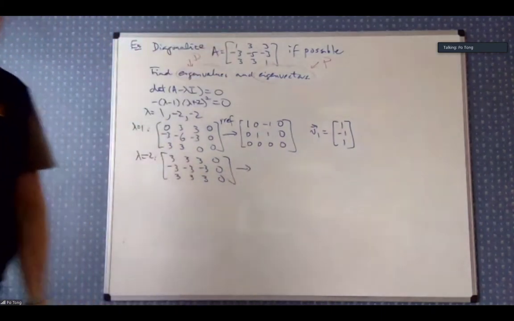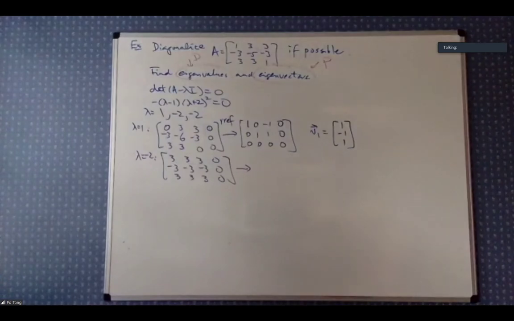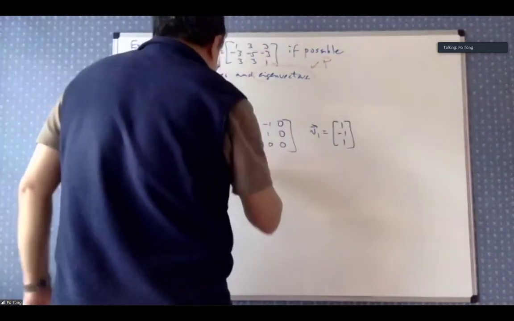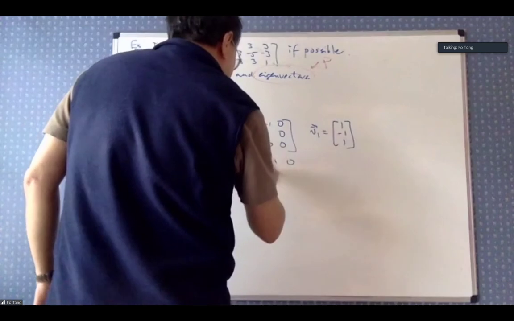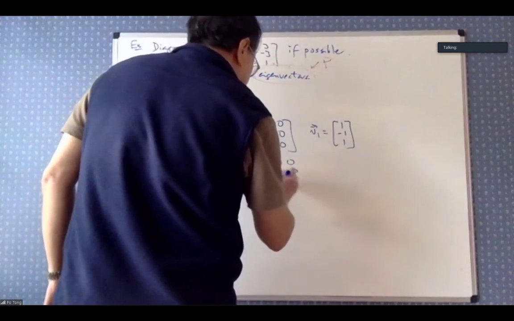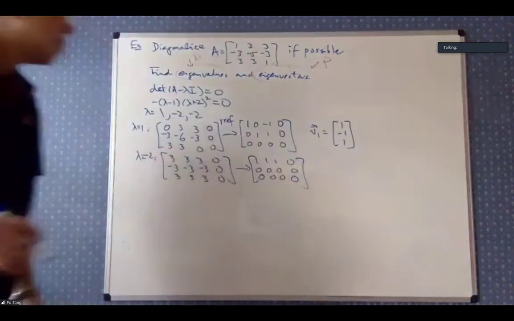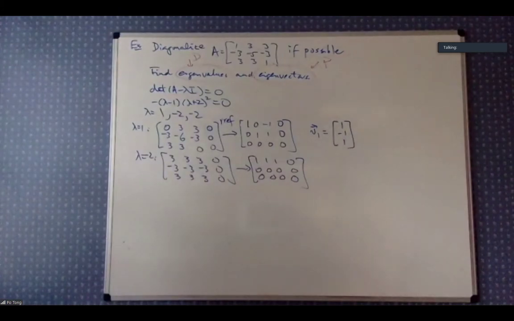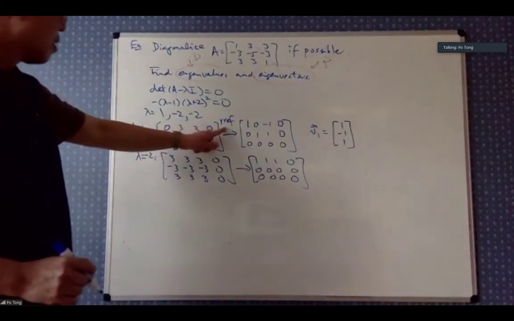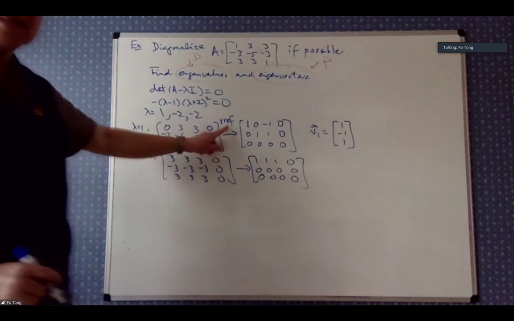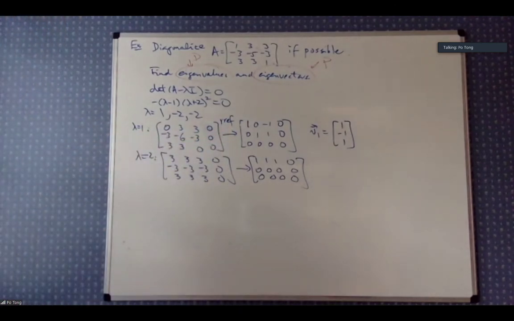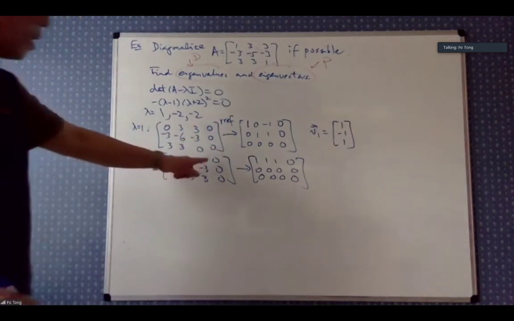Is it okay? This one I can do in my head. How about here? This earlier one I wasn't able to do in my head, so I will just copy from my earlier notes. All these lines are the same.